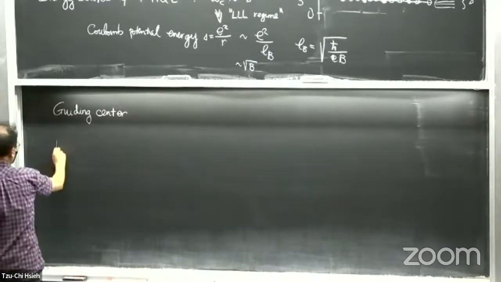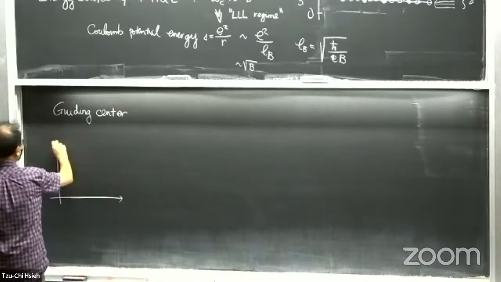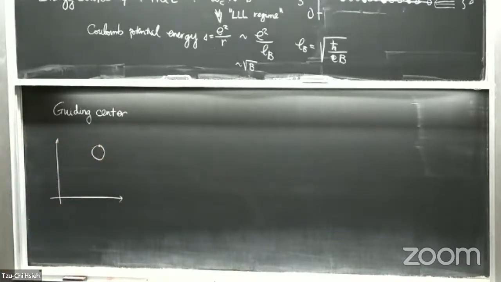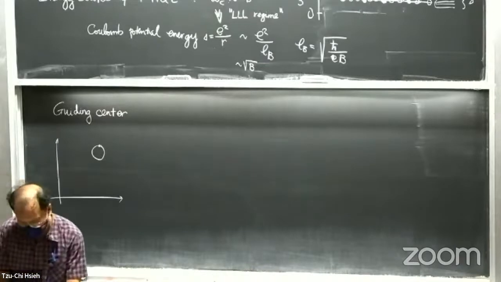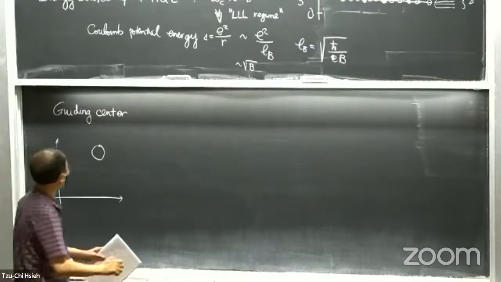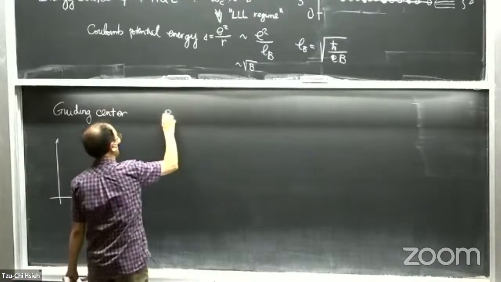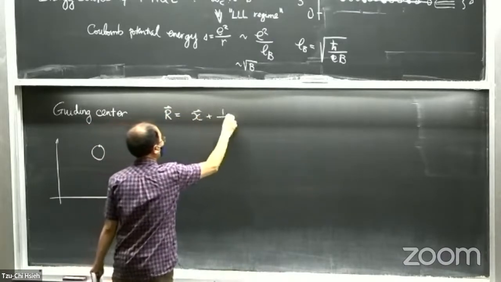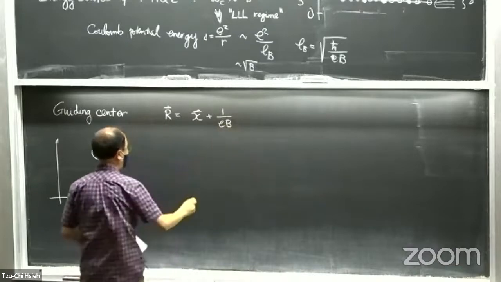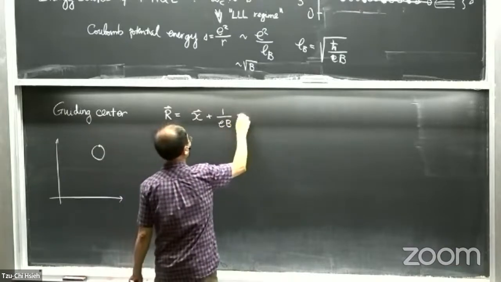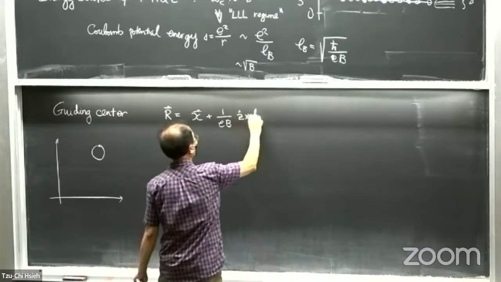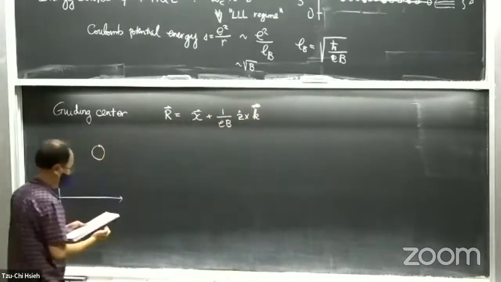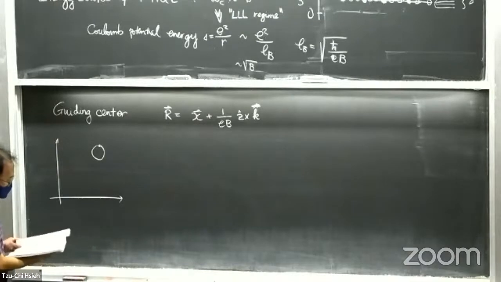Basically, if you have a particle in a magnetic field, then it moves along a circular orbit, and the center of the circular orbit is located at coordinate R, which we define as x plus 1 over eB times k. I might get the sign wrong, but let me just quickly check the sign.